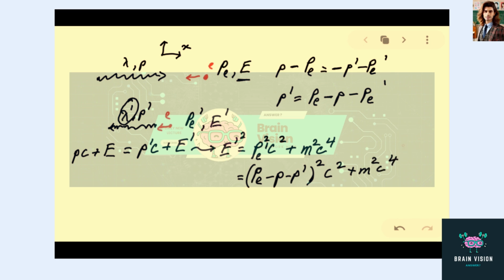And what we really want is this PE C square plus M square C4, because that is the original total energy of our electron.